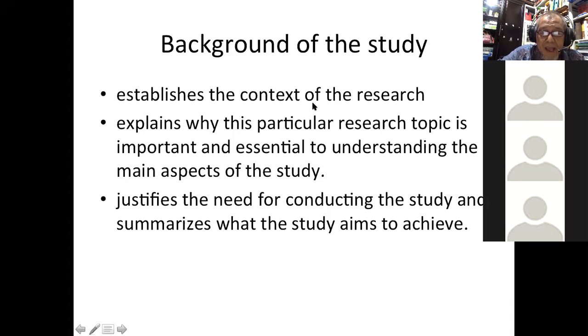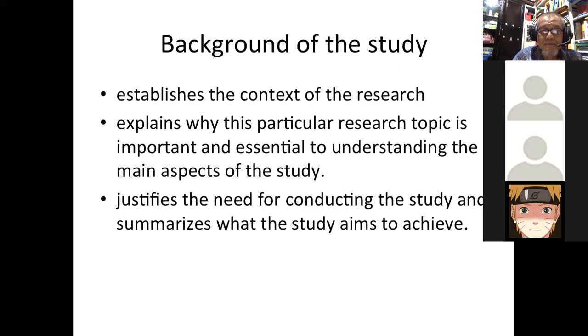This can only be done when we have reviewed some studies that have been done by others previously. So by looking at what they have found about the issue, then we can establish the context where we are within the previous studies. Okay, so it's important to do an extensive and comprehensive literature review before you write your background.